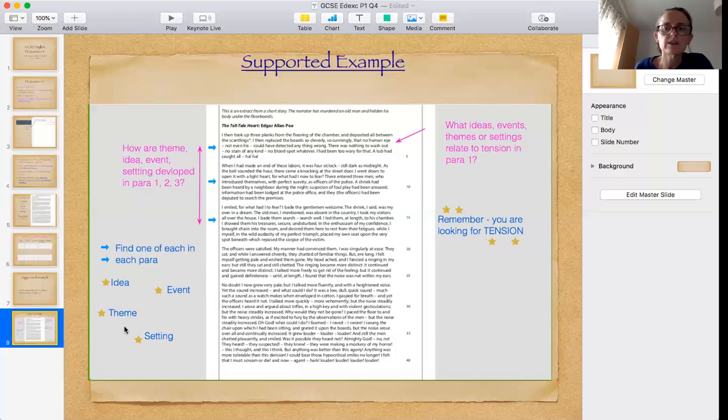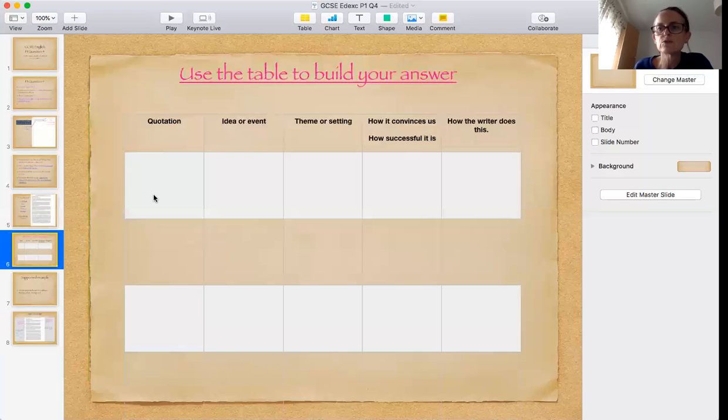As you do that, you can then move back to your table, find your quotation, pop it in the box, and then say whether it's an idea, event, theme or setting, and then say how it convinces us and how the writer does this. Right, okay, that's part 1, and we'll do part 2 shortly.